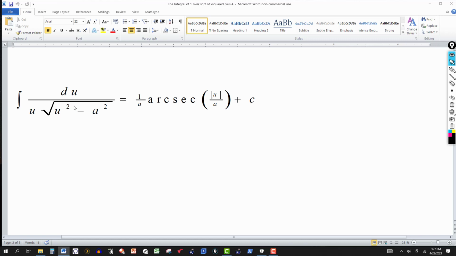This is the integral I'm looking at: the integral of du over u times the square root of u squared minus a squared. That gives you 1 over a arcsecant, which is the same thing as secant inverse of the absolute value of u over a, plus your constant of integration.